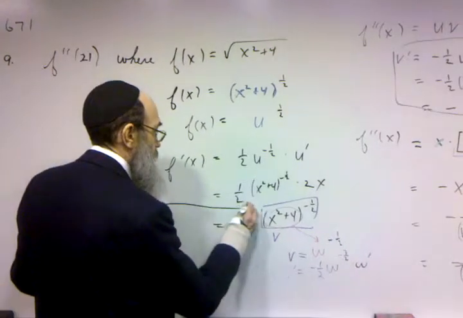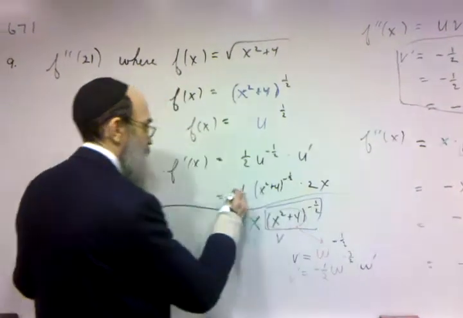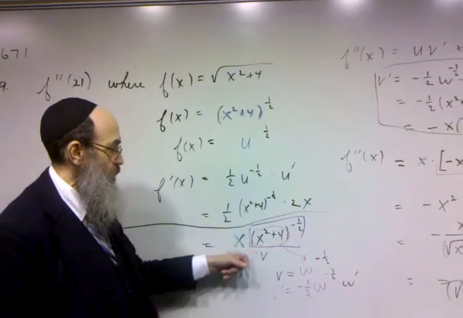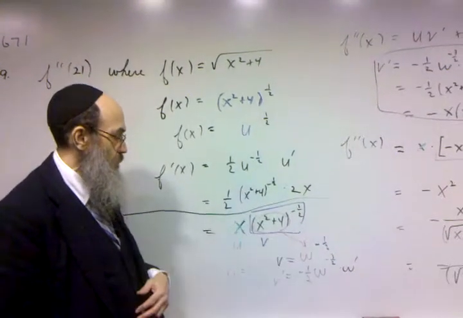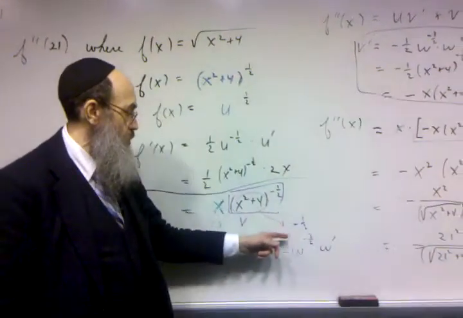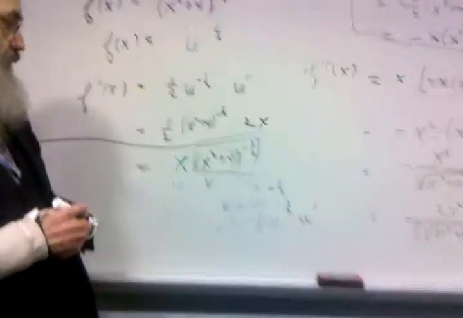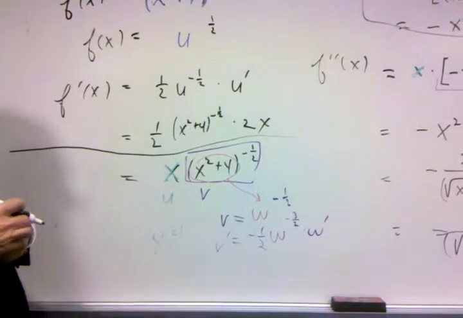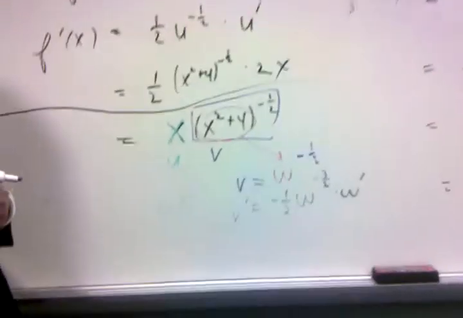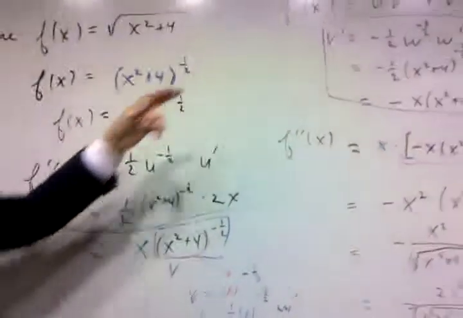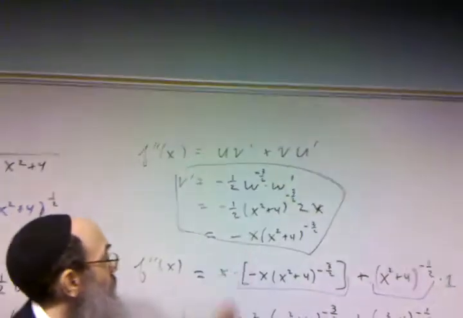And we rewrote this as 2x times 1/2, which is x times this thing. I now call this part u, and I call the rest, the purple, v. And v, I'm also calling w to the negative 1/2. So I'm going to use the product rule. The derivative is u v prime plus v u prime.